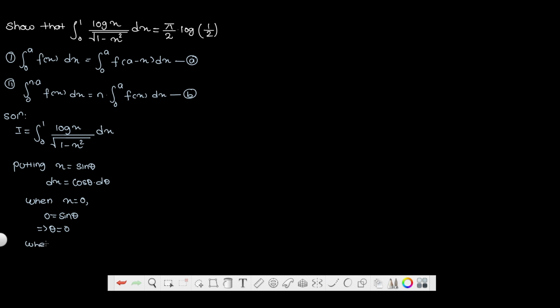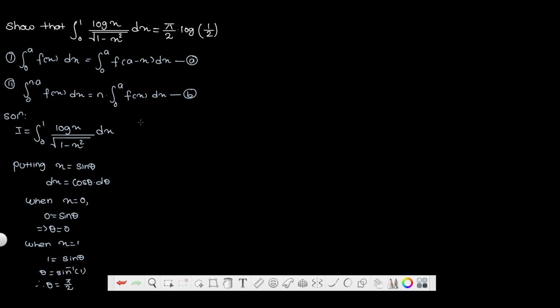And when x is 1, 1 equals sin theta, theta equals sin inverse of 1, and that is theta equals pi over 2.